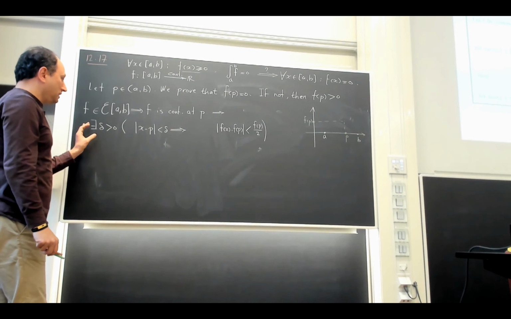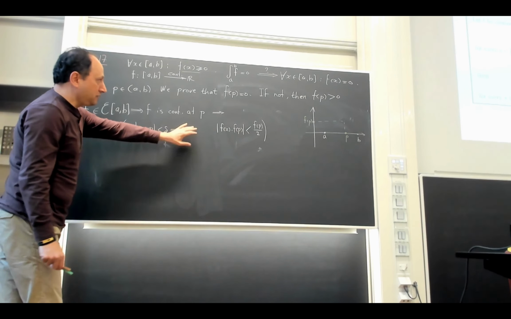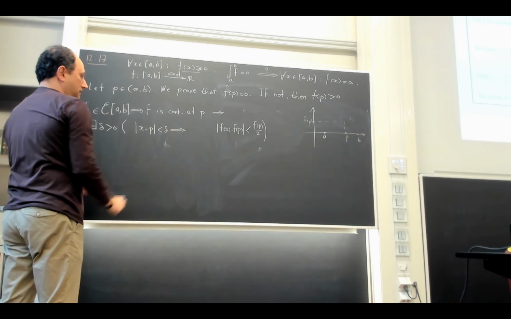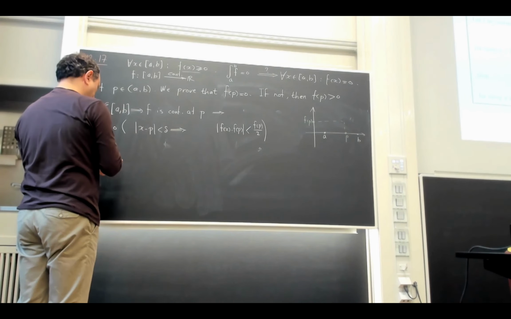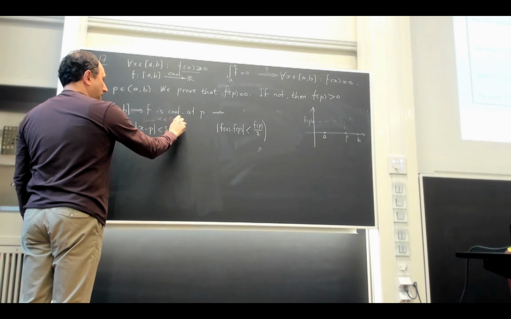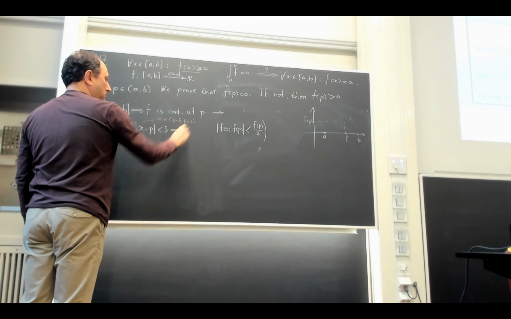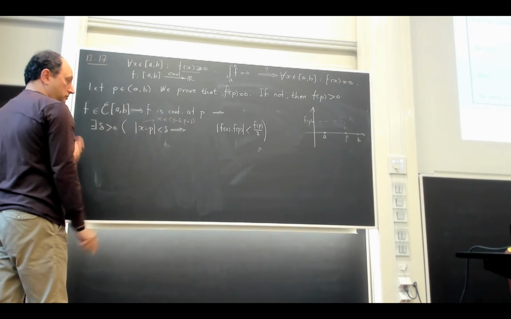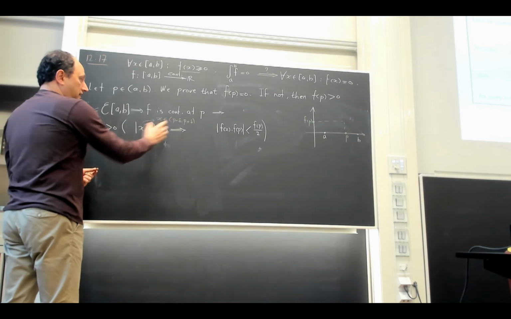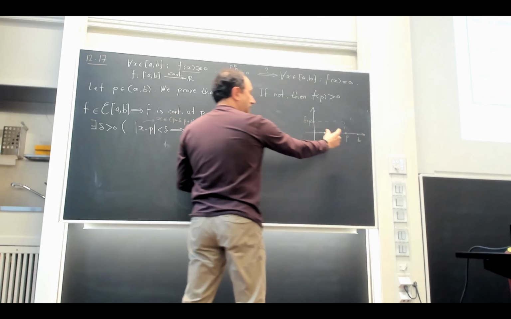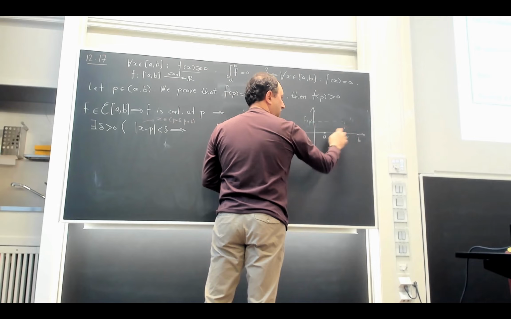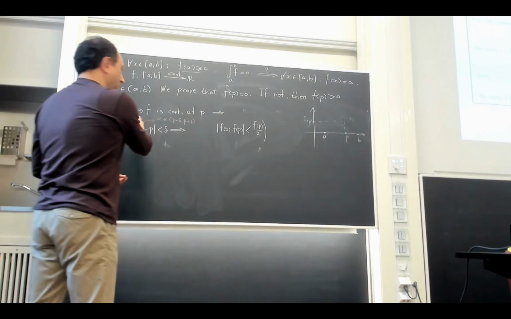But I want to write something here. Because when you write absolute value of x minus p is less than delta, it means that x belongs to p minus delta up to p plus delta. That's the meaning, yes? It is in this neighborhood. If delta is such that this interval is already small, so that the whole interval is within this interval, I don't need to change anything.